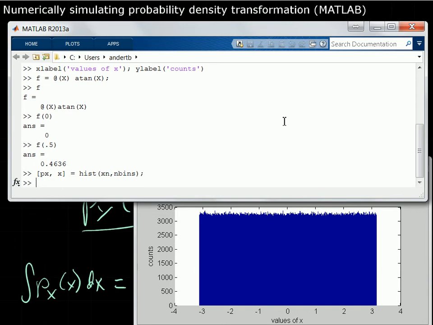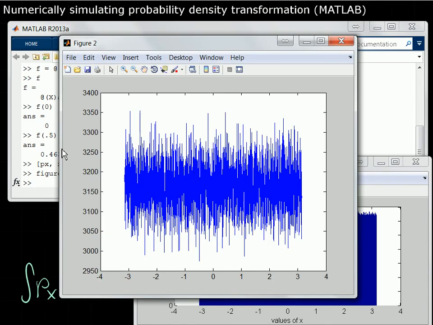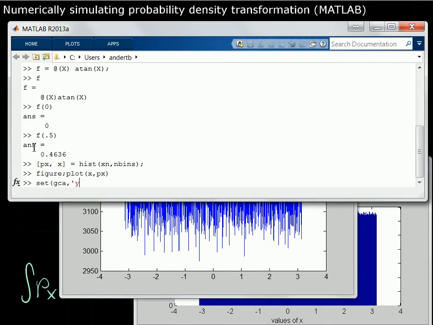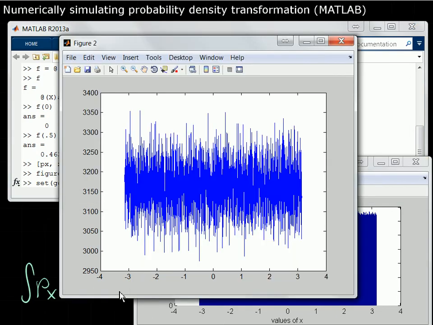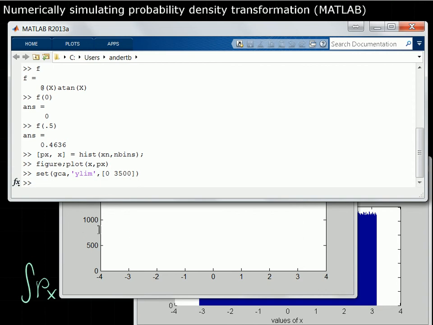If I were just to plot this as is, what you end up finding is this plot here. Actually, I'm going to set my y limits to roughly what they were for the previous one, so that we see them on the same scale.